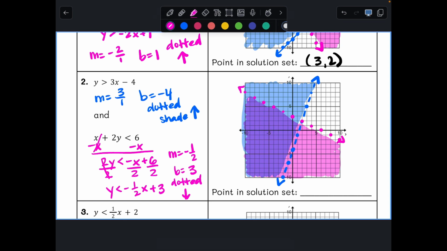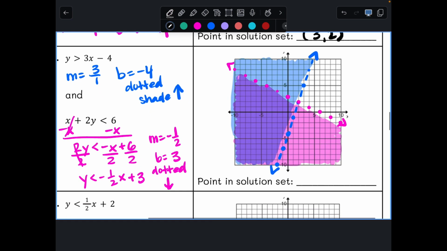Okay, name a point in the solution set, so we'll find the area that is overlapping. I'll go ahead and pick this point here, negative 5, 0.